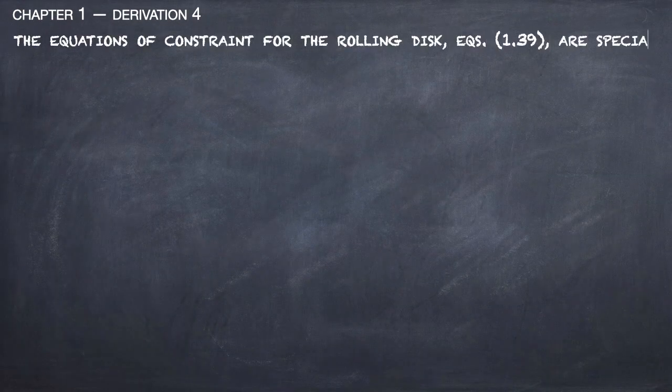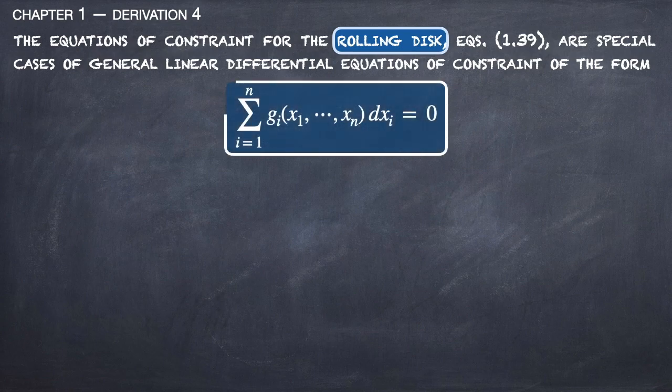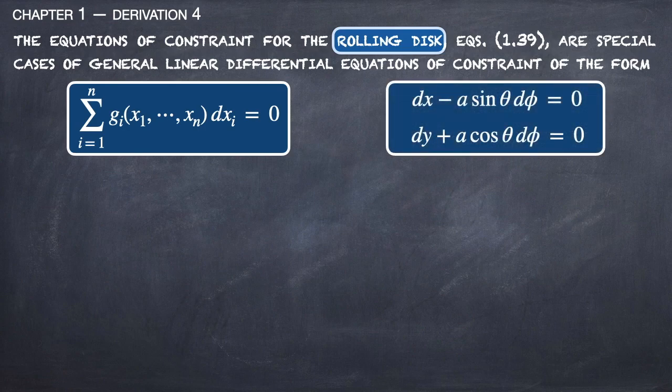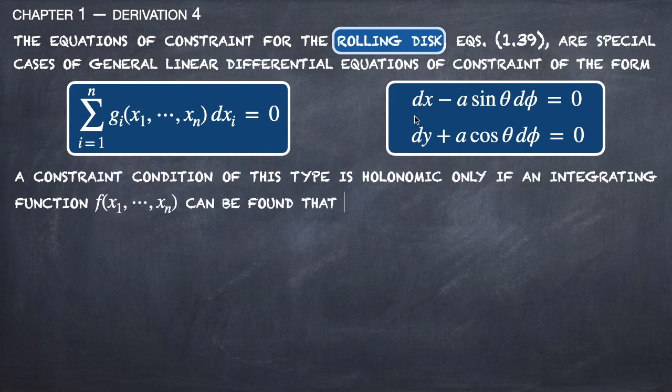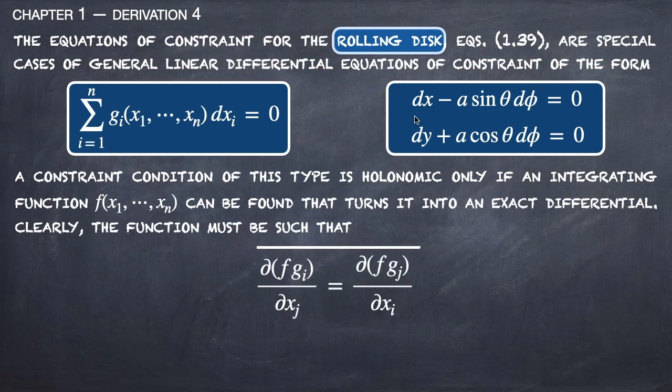So the equations of constraint for the rolling disk, equations 139, are special cases of general linear differential equations of constraint of the form summation of gi times the differential dxi is equal to 0. For the rolling disk, the differential equations of constraint, equations 139, are these two equations here. A constraint condition of this type is holonomic only if an integrating function f of the coordinates x1, x2 up to xn can be found that turns it into an exact differential.